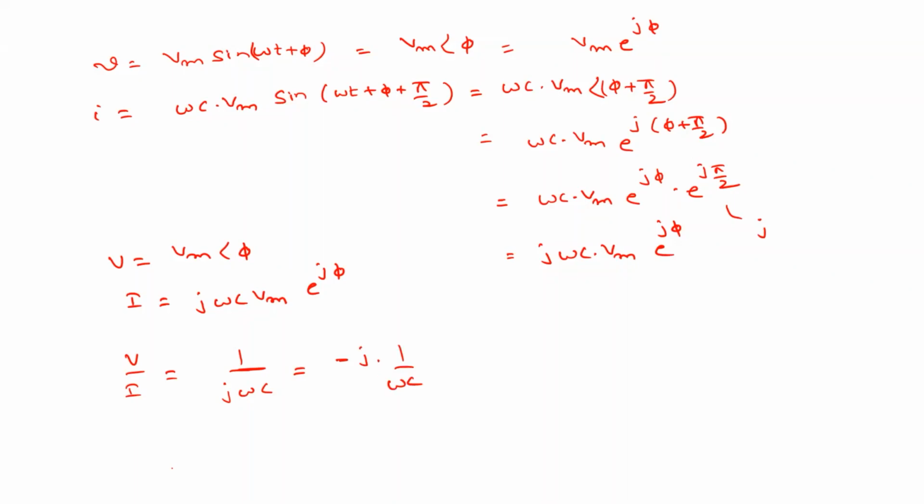This 1 by omega C is known as Xc, the capacitive reactance. So the impedance is minus j Xc.